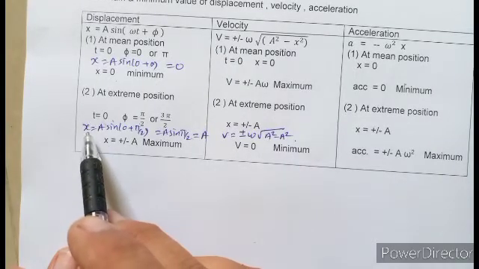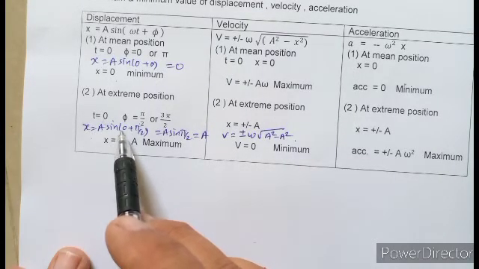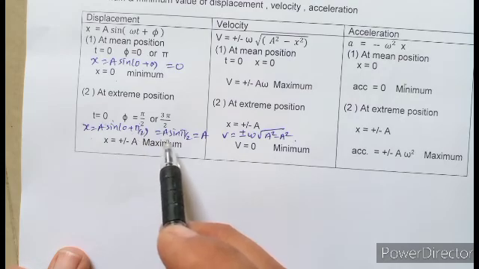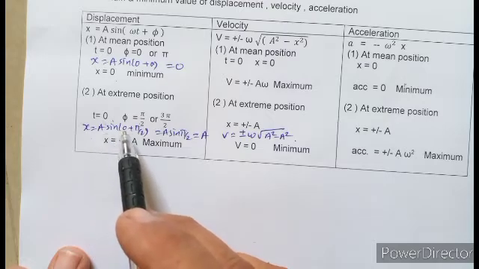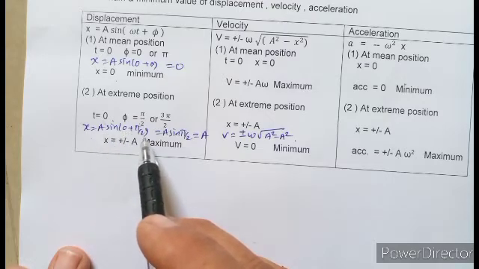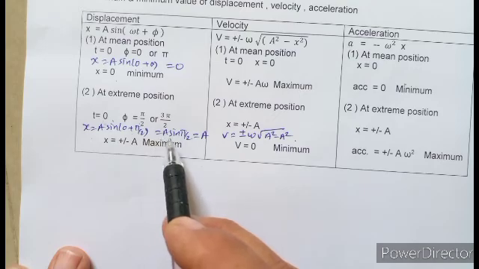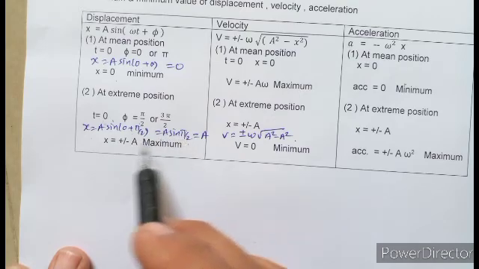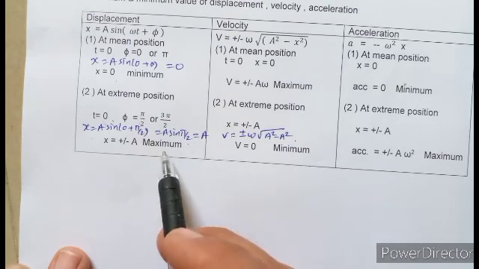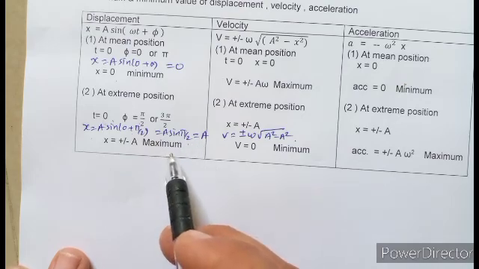Then x is equal to A sin(0 + φ), which is equal to A sin(0 + π/2), equal to A sin π/2, and sin π/2 is 1. So x is equal to A, which gives you the maximum value.